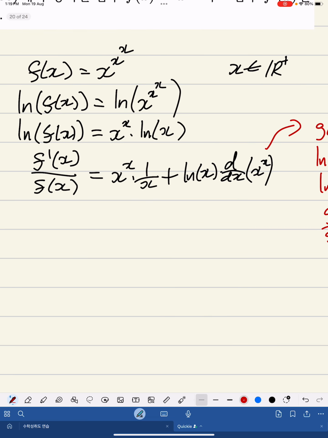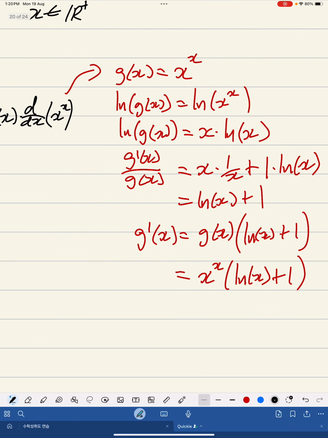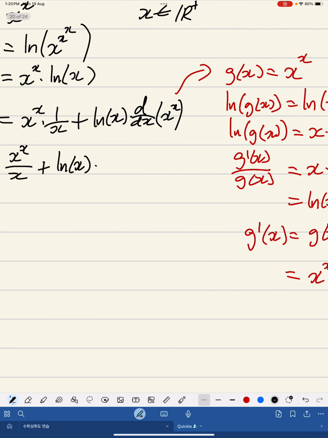Therefore, we can substitute that back into our function. So f prime x over f of x is x to the x divided by x, plus ln x times this differentiated, which is x to the x times ln x plus 1. Right?